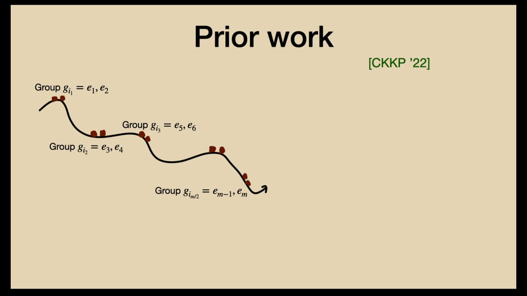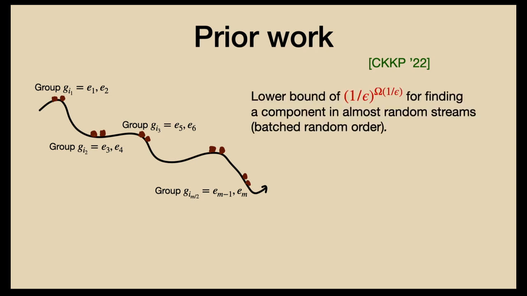All right. So this paper defines something which is close to a random order stream, but not exactly random. Okay. So what they did is, before these edges are sent to you, some adversary is going to come and group them into groups of size 2. Okay. And these groups are then sent to you in a random order. Right. So in this model, this paper, the CKKP paper, proves the lower bound of 1 by epsilon raised to omega of 1 by epsilon for finding a connected component.